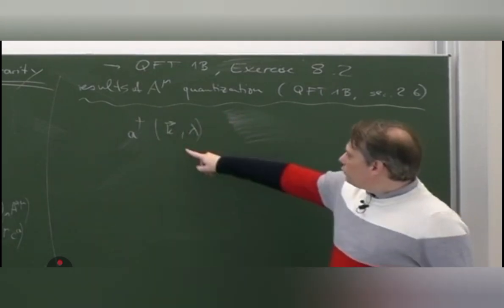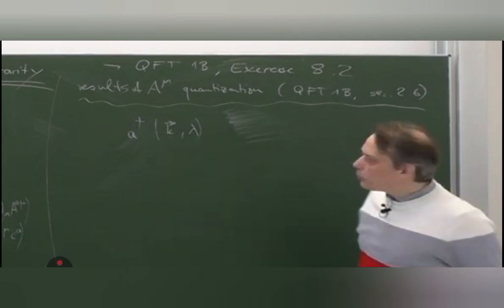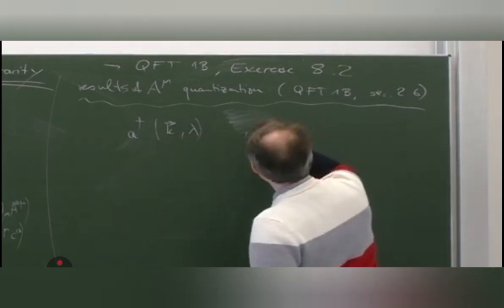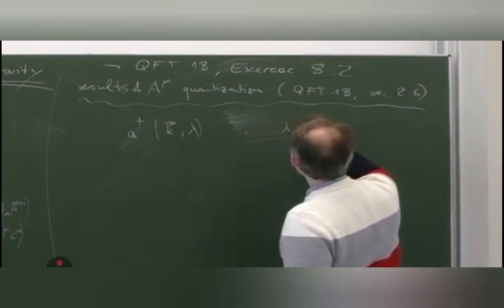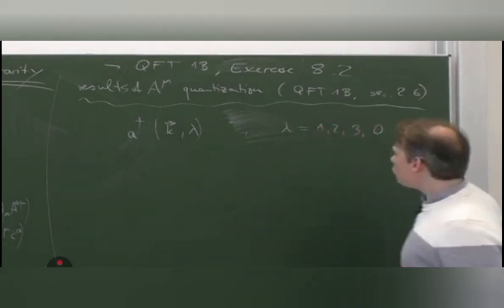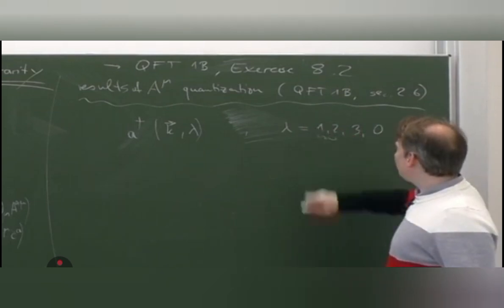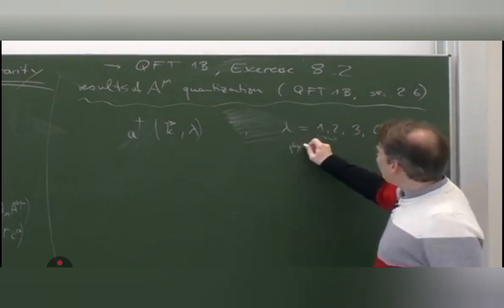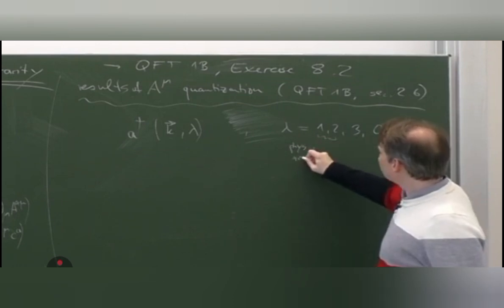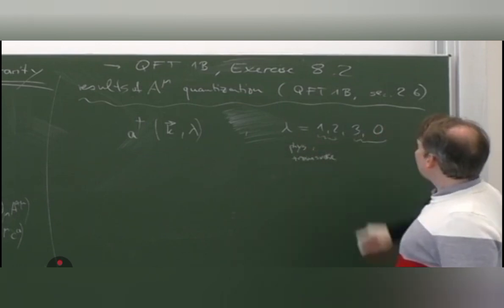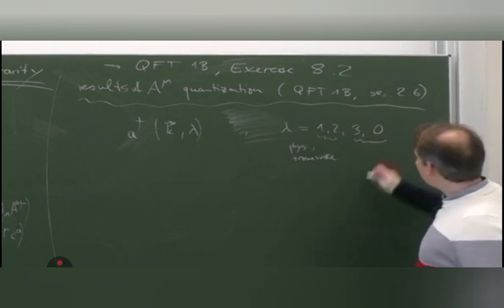For each massless momentum k, we get 4 creation operators with different degrees of freedom, λ equal 1, 2, 3, and 0. The polarizations λ equal 1 and 2 are physical and transverse, whereas the polarizations 3 and 0 are unphysical.